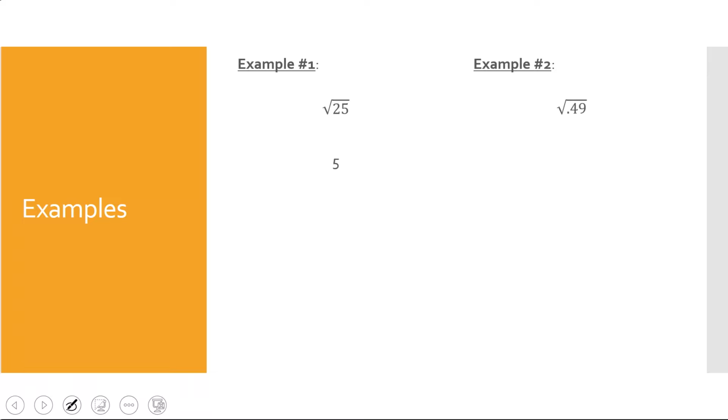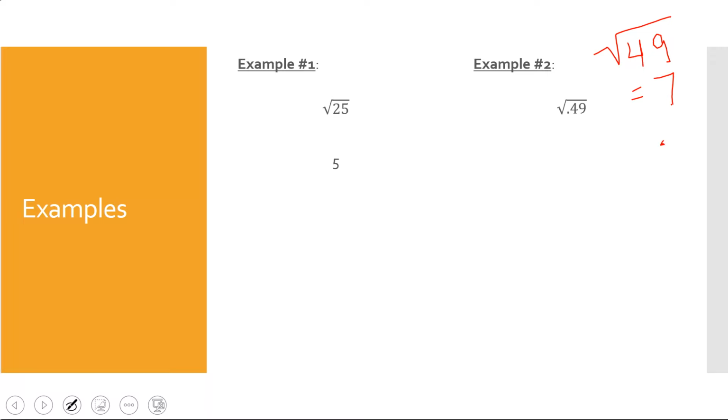So let's look at another one. What about the square root of 0.49? Now, although this kind of looks scary, really just try to figure out, well, first, what's the square root of 49? And the square root of 49 we know would be 7. But we need that to be some sort of decimal so that it can be the solution to the square root of 0.49.